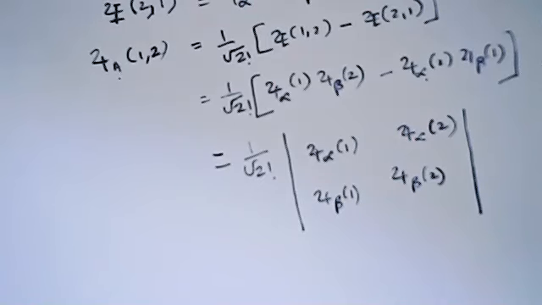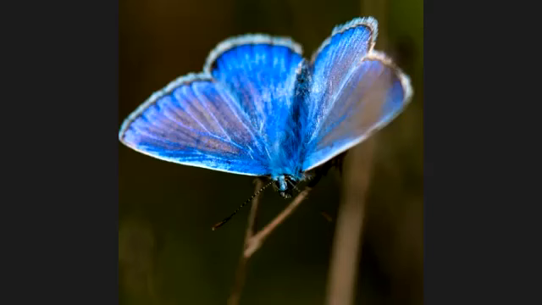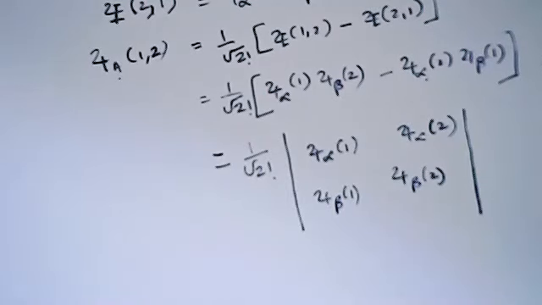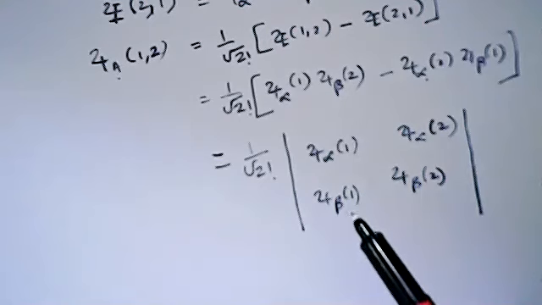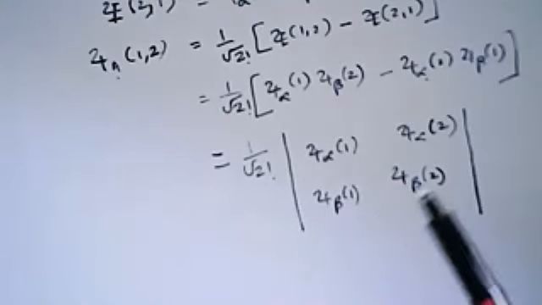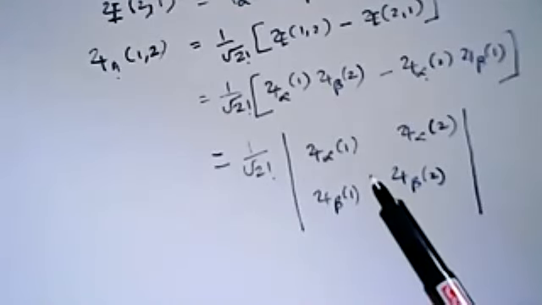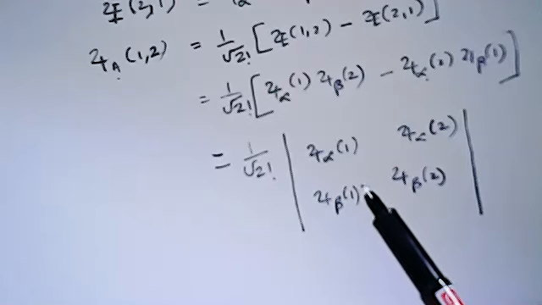And we know that in the case of a matrix or a determinant, if two columns or two rows are identical, what happens to the determinant? The determinant vanishes, determinant is 0. So suppose we have 2 particles and 2 states alpha and beta.